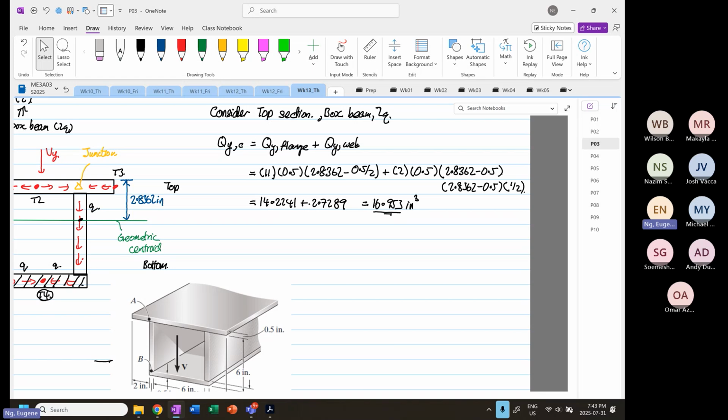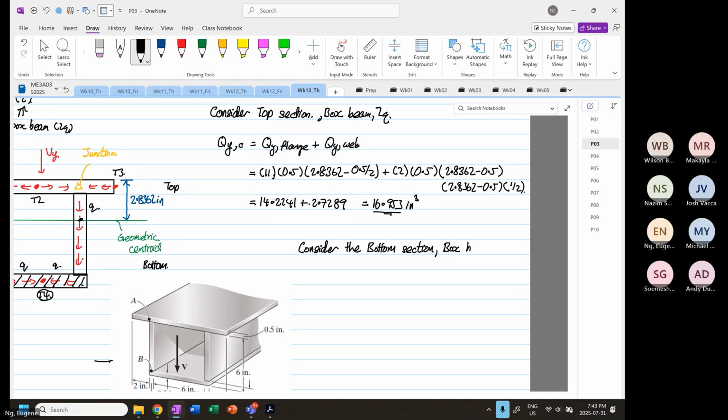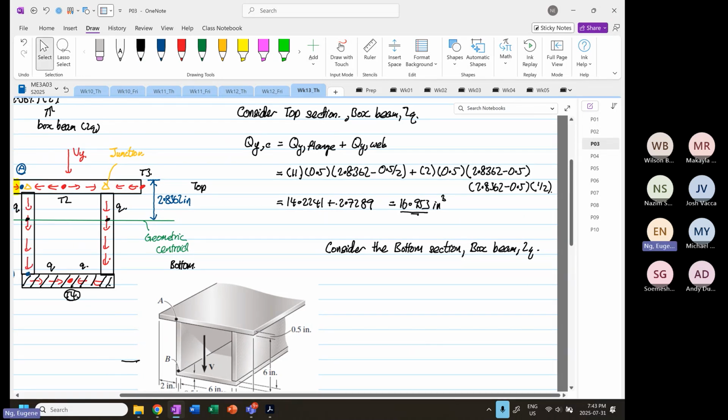So now if you were to consider the bottom section, you know that it's also a box beam, and you know that this is 2Q also, right?